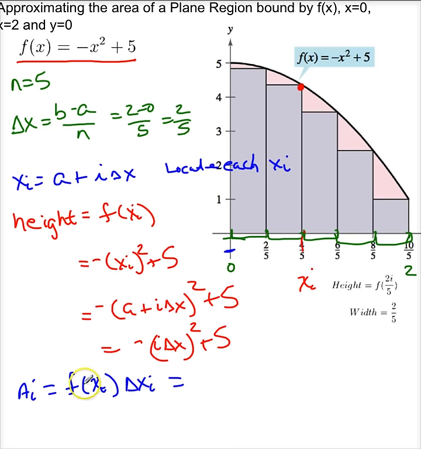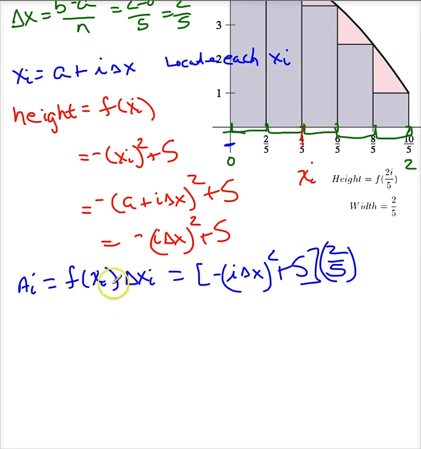So each function evaluated at x of i is going to be minus i delta x squared plus 5, times delta x of i. Now the beauty here is delta x of i is always 2/5 for these. So I'm going to quit writing that. So I have each area.